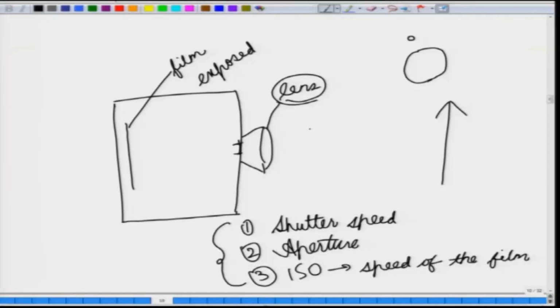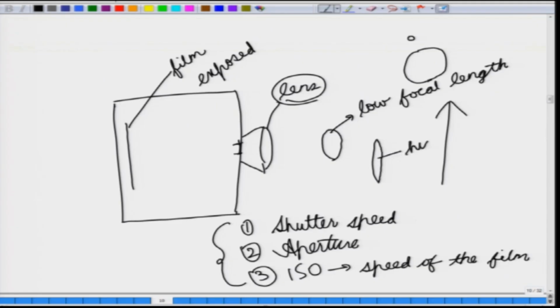Now, you can have a lens, and in most cases these are convex lenses. So, you can have a lens that is stouter, with a low focal length, or you can have a lens that is thinner, in which case we say that this lens has a high focal length.